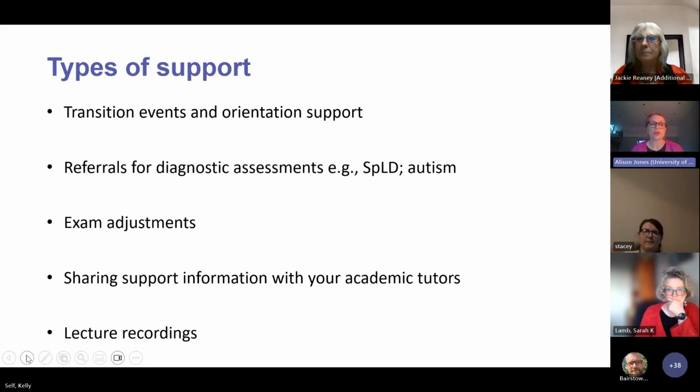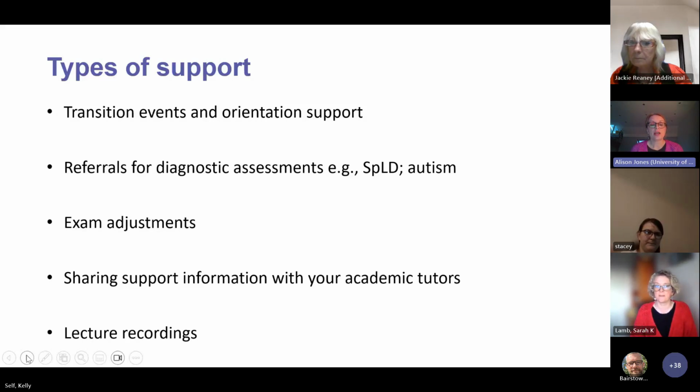That's for students who might have had screening or some kind of evidence for access arrangements, but not a full diagnostic report. So we might be able to refer a student to meet with an educational psychologist. Some universities might also be able to fund that. But again, it varies depending on the institution, so have some contact.